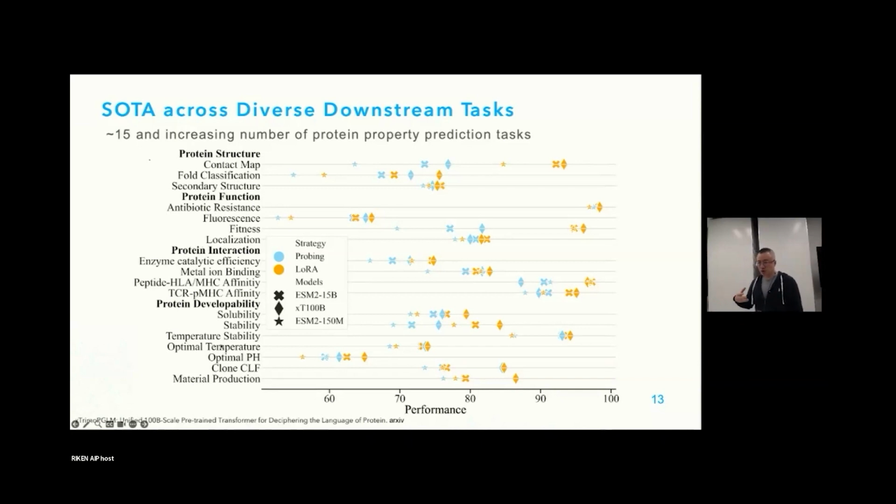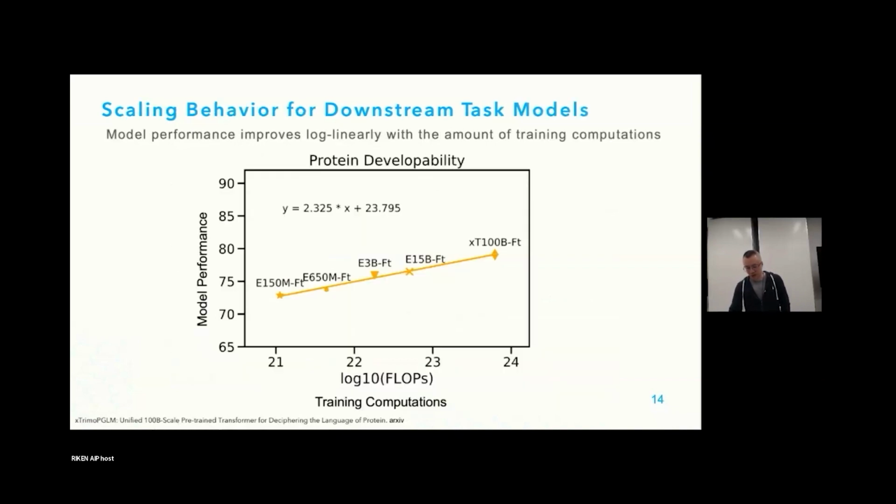Very often you just see that this larger pre-trained model is also providing very good features for building protein prediction models as well. So what's interesting is to look at how the downstream tasks also scale with the model sizes, right? This is just one example figure, but we see similar scaling in other protein prediction problems as well.